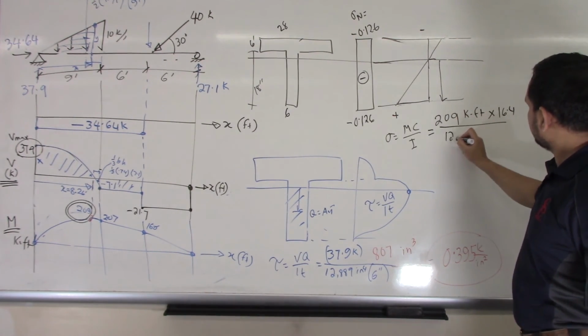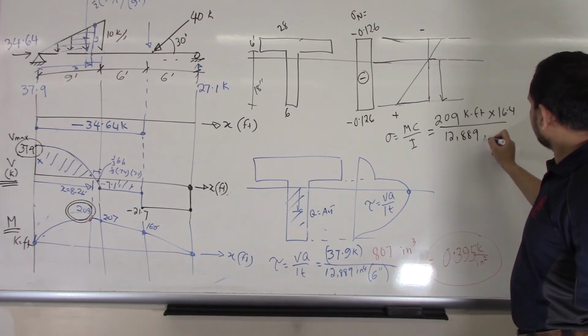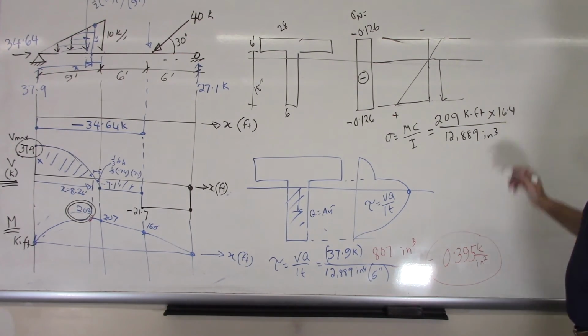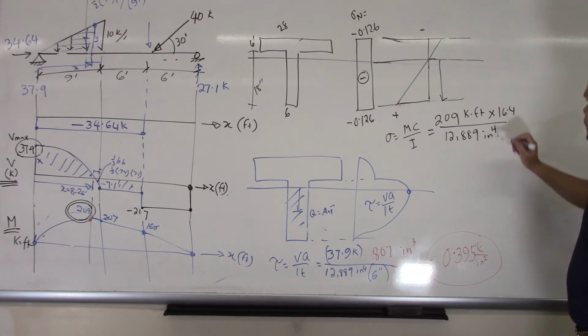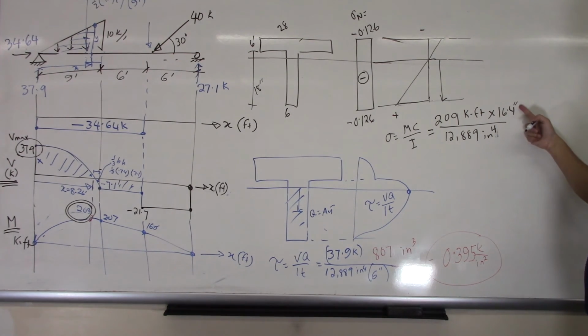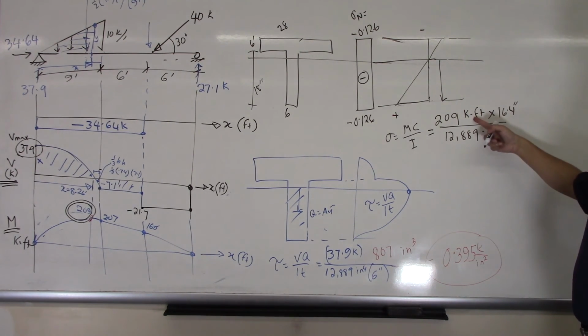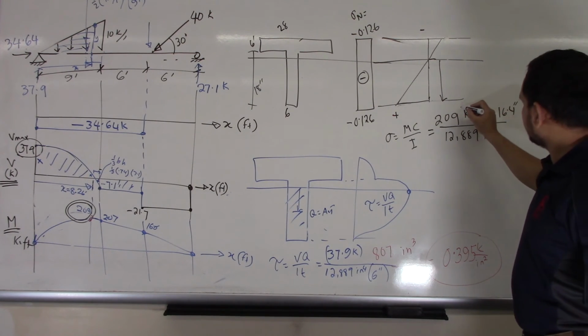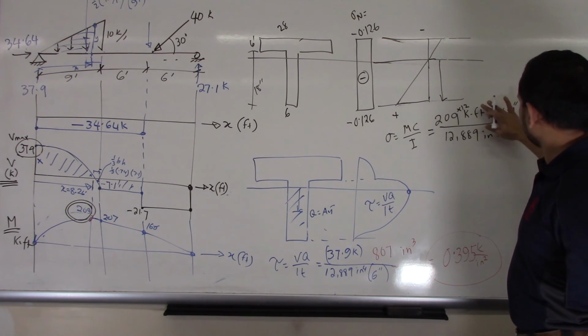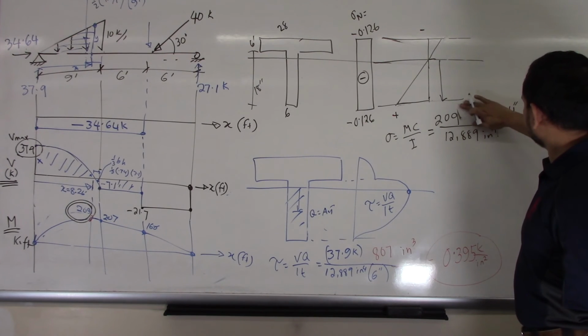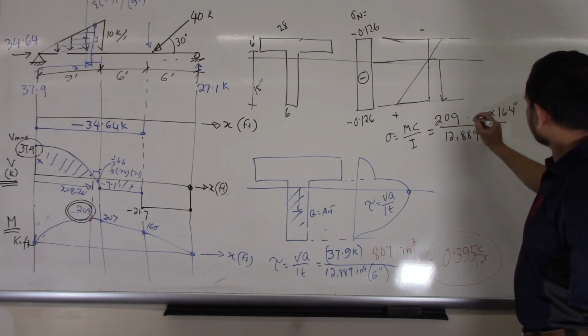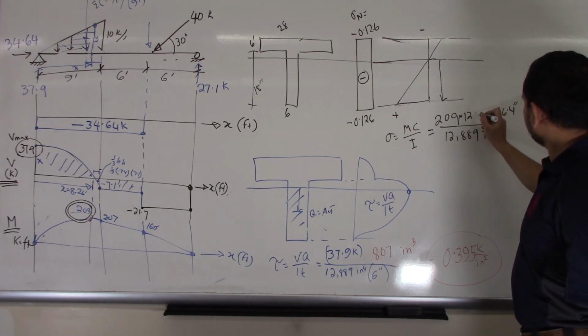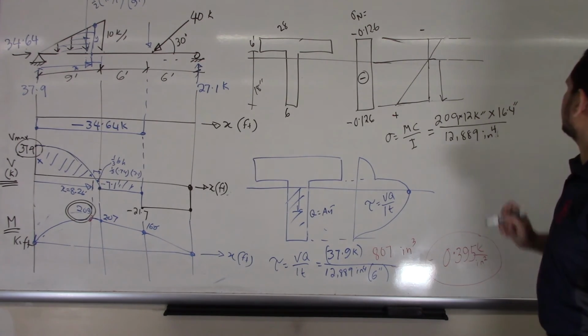What is our I? 12,899 inch cube, so inch to the power 4. Inch here, inch to the 4 here, keep feet. So we have to multiply by 12 to make it inch.